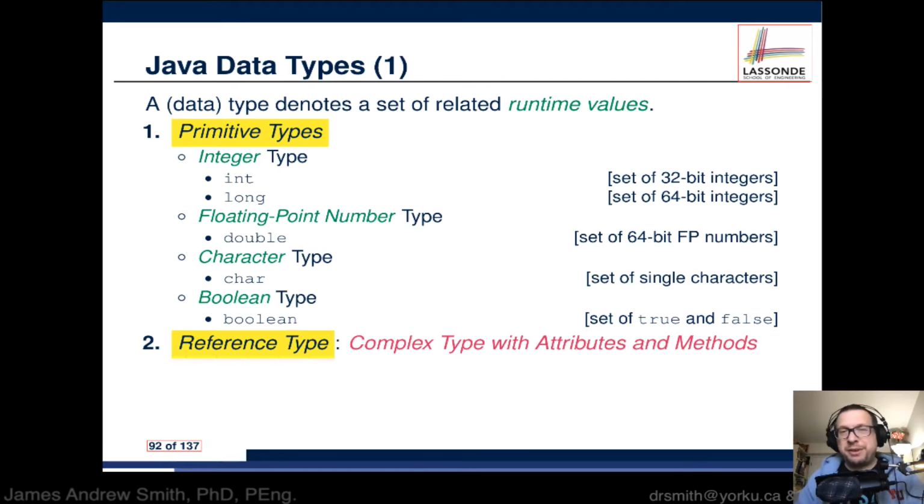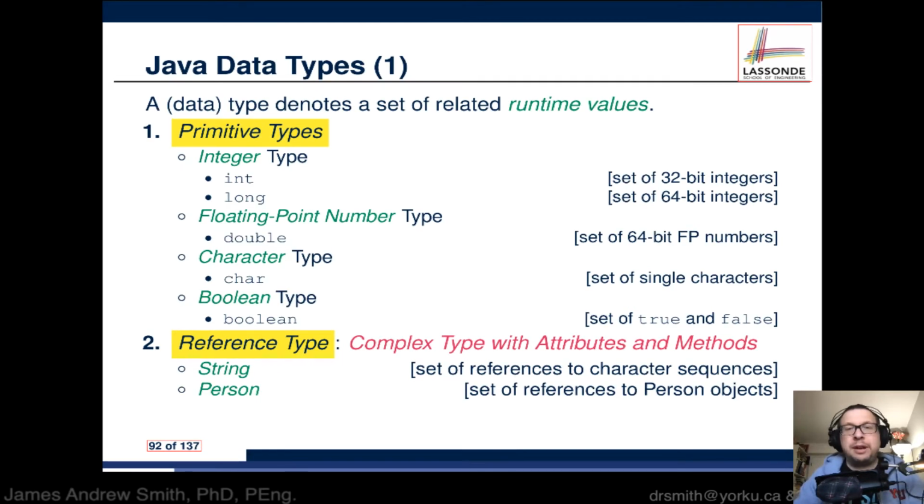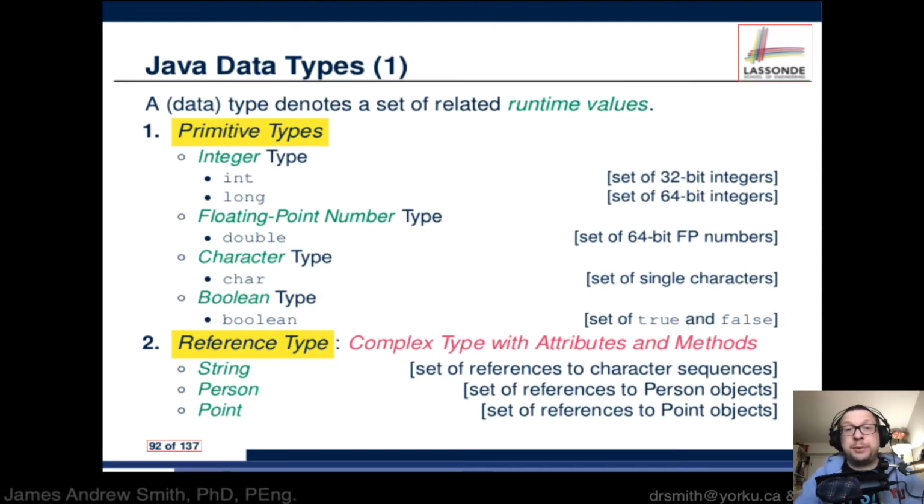We can also have reference types, and these are more complicated. They're complex types with attributes and methods. You can have String. Remember, we had car over here with a lowercase c, and we have String with a capital S. It's a reference type. It's basically characters, but more. We have examples that we've been showing in class, like the person or the point.